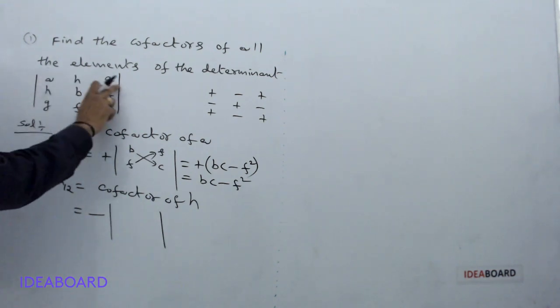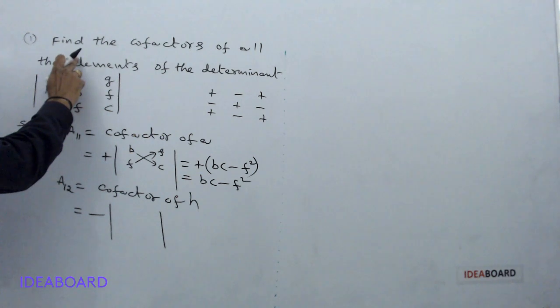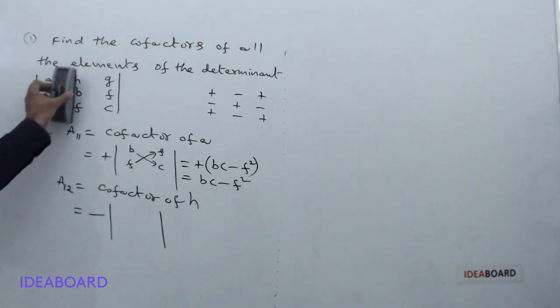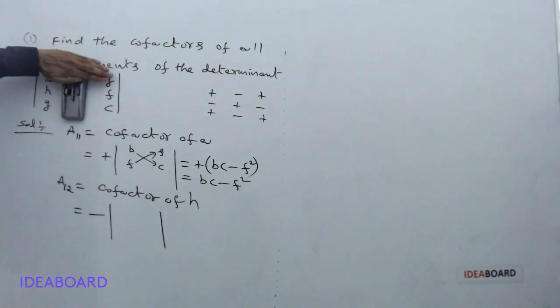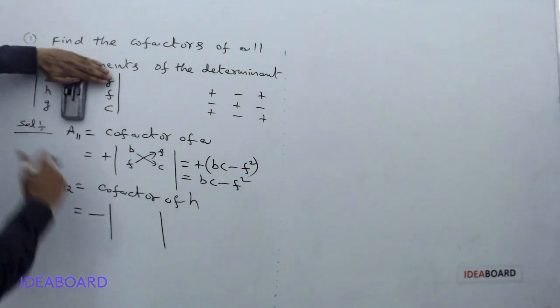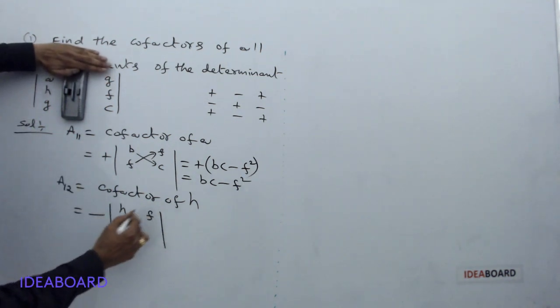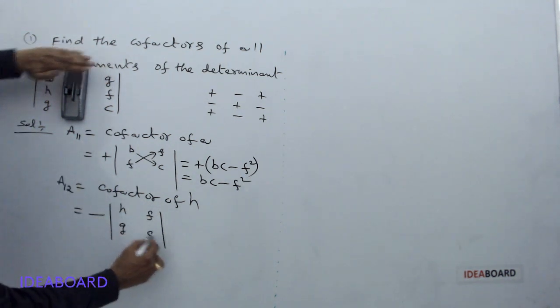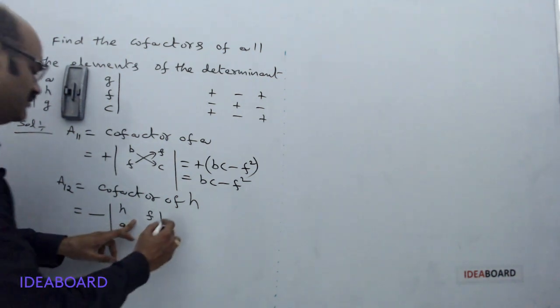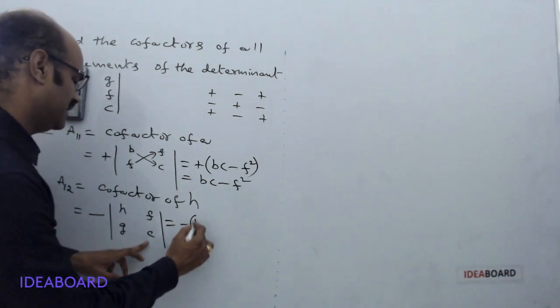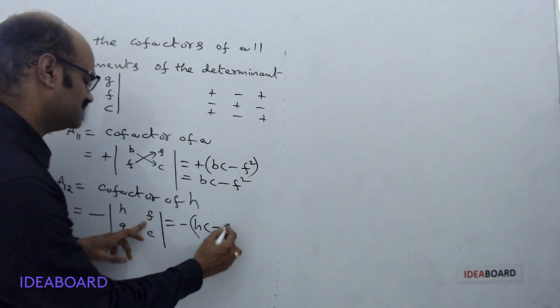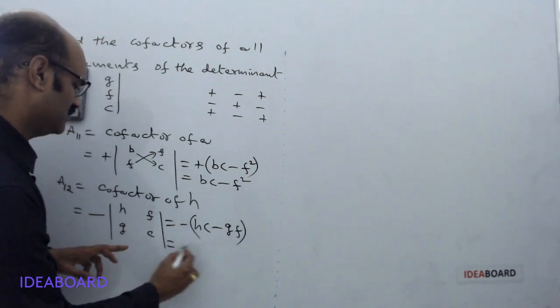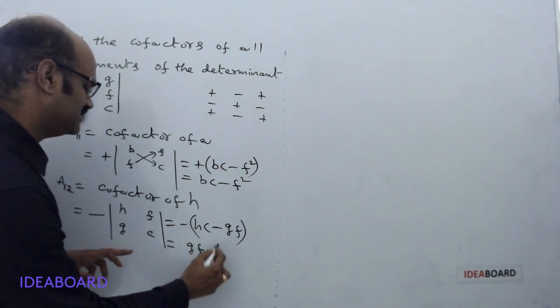This element lies in first row and second column. So close the second column, close the first row. So the remaining elements are H, F, G, C. So equal to, we are having minus of H into C minus GF. So equal to GF minus HC.